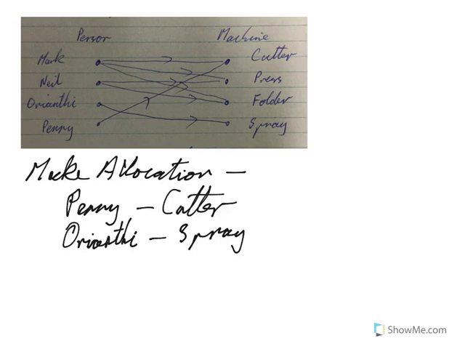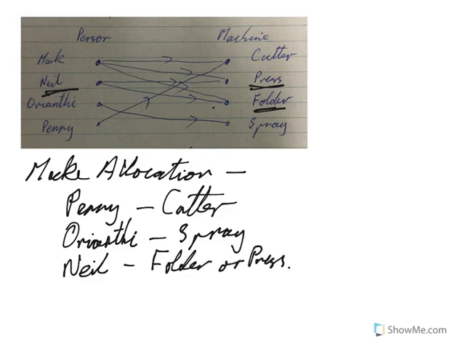Now Neil and Mark. So Neil could operate the folder or the press, either one of those. So Neil, folder or the press. And Mark, when we go to Mark, he can operate the cutter, the press and the folder, but the cutter has to be done by Penny.